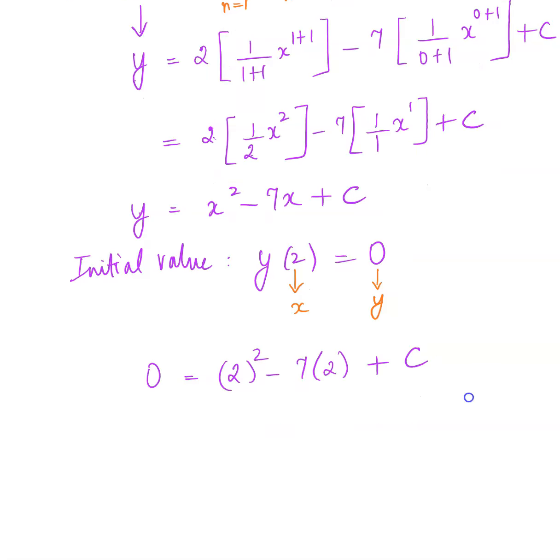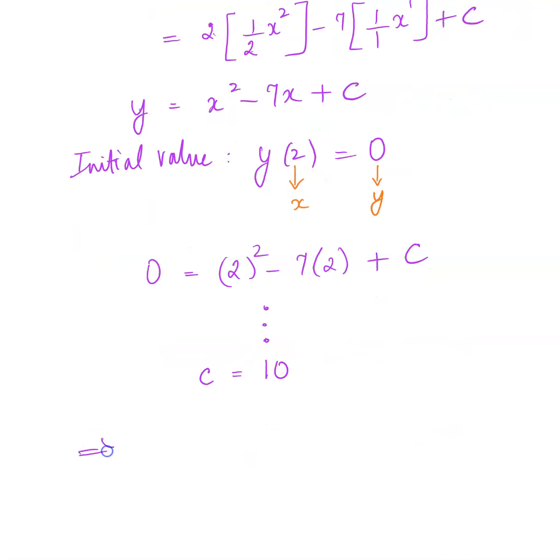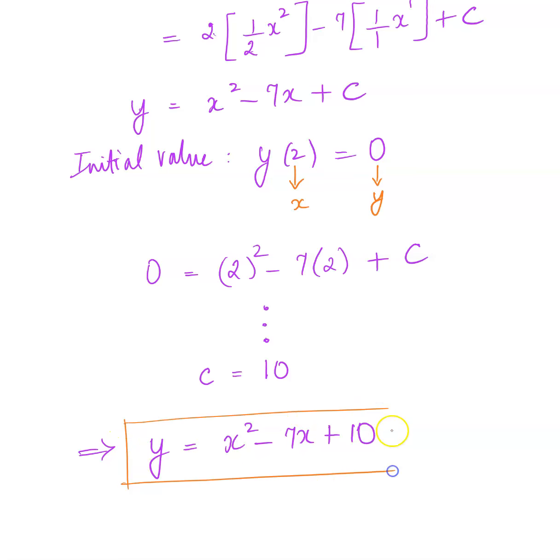Do the math there, and put these 3 dots to show that you did some algebra to get the c. So your c comes out to be 10. Now you go back and say, we found the y, and that is x squared minus 7x plus 10 as the specific answer for the given initial condition.